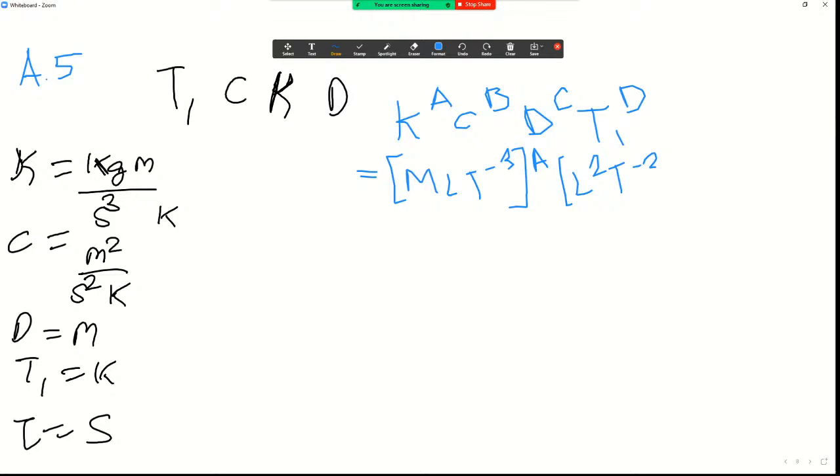Actually, I don't know temperature, but I can just say like Kelvin. And then L. So then we have like 4 equations. Yeah, 4 equations.